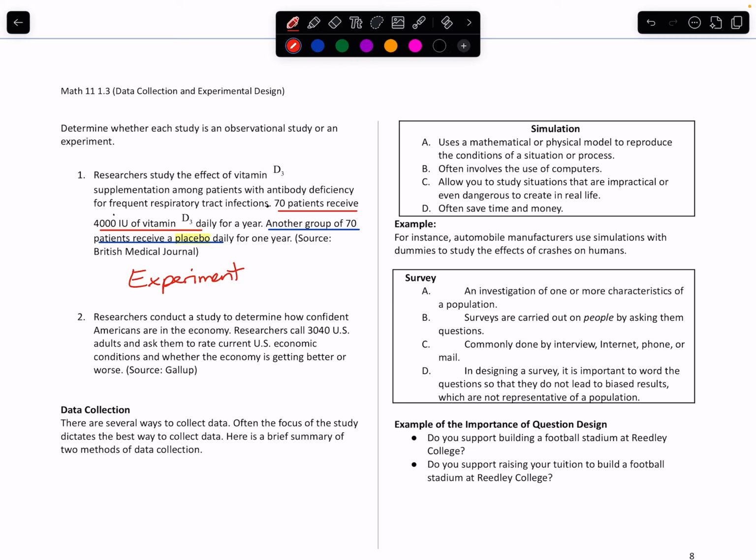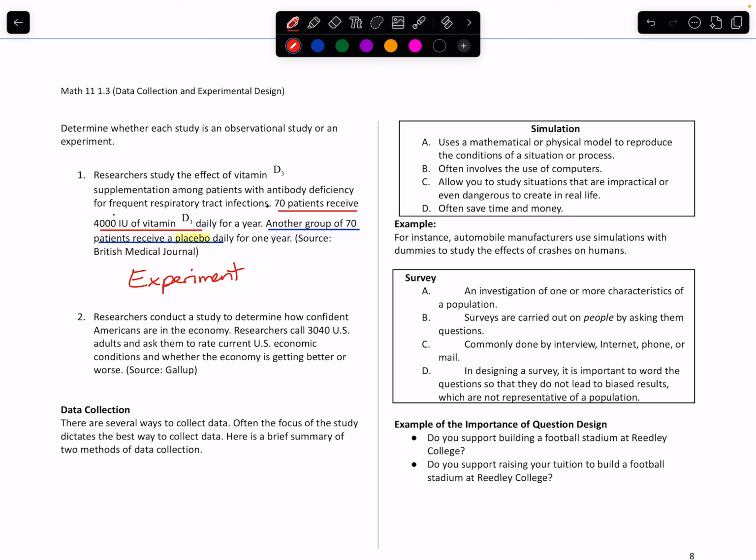Question 2 says, researchers conduct a study to determine how confident Americans are in the economy. Researchers call 3,040 U.S. adults and ask them to rate current U.S. economic conditions and whether the economy is getting better or worse. So again, we have to look, did the researchers do anything to the people that they contacted, that they're collecting data from?